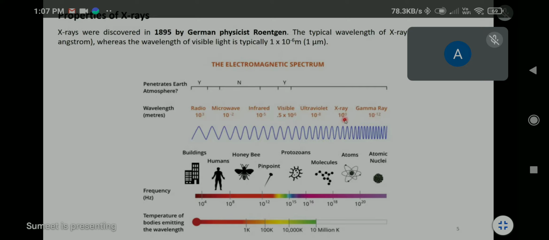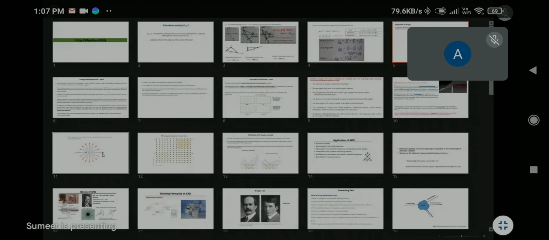When they penetrate into the material, they come into close interaction with the atoms, which have electrons surrounding them. Those electrons will act as a hindrance, and the diffraction will occur from those electrons.